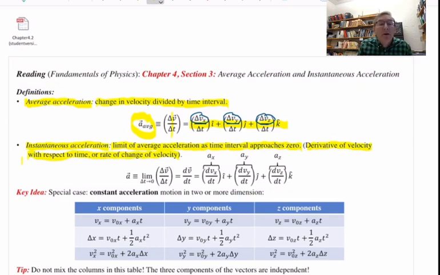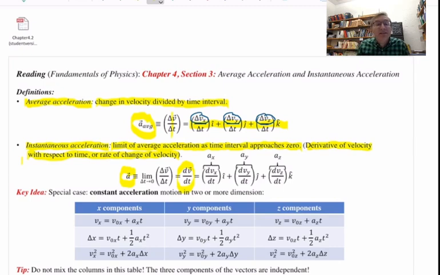A arrow, instantaneous acceleration, is the limit as delta t goes to 0 of delta v over delta t, but that we just write as the derivative of v arrow with respect to time, dv arrow over dt. But again, what you have to do is work separately with x, y, and z components.